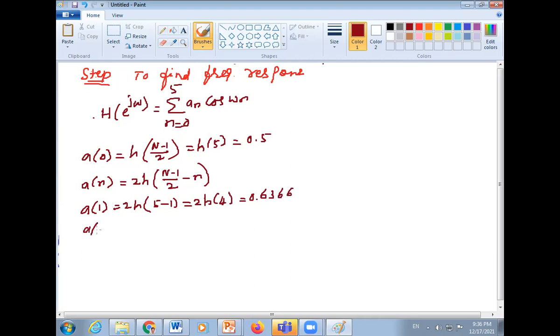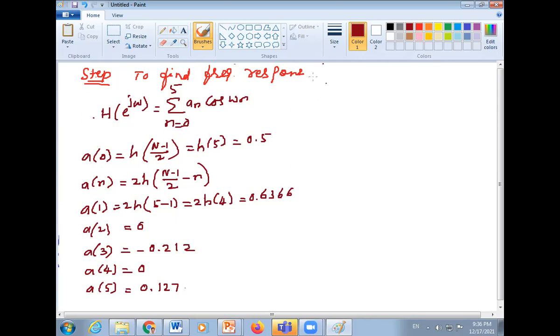Likewise, we have to calculate the values of a of 2, a of 3, and a of 4. The value of a of 2 is 0, a of 3 is minus 0.212, a of 4 is 0, and a of 5 is 0.127.